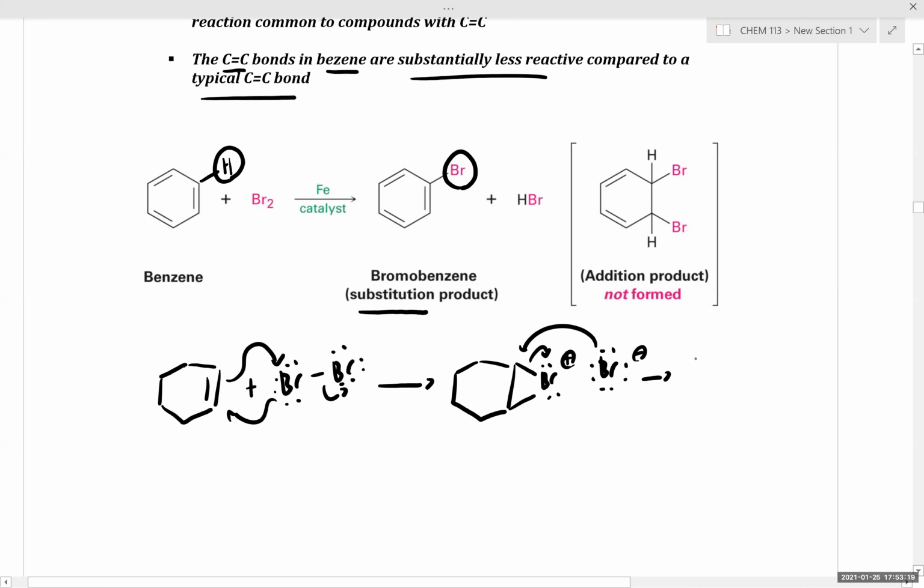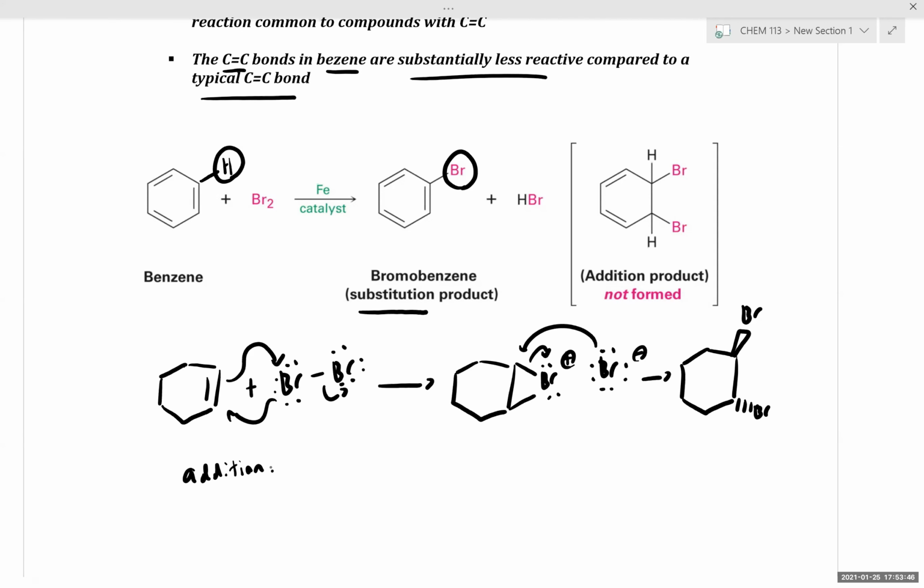And we end up with the dibrominated product. So your typical alkene prefers to engage in addition, while aromatic systems prefer substitution. Does everyone see the stark difference in reactivity when we compare an aromatic system to a typical alkene?